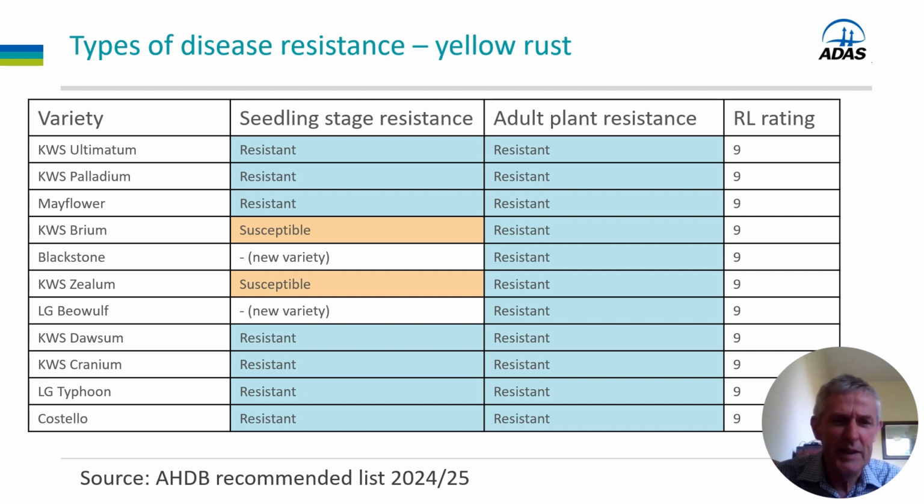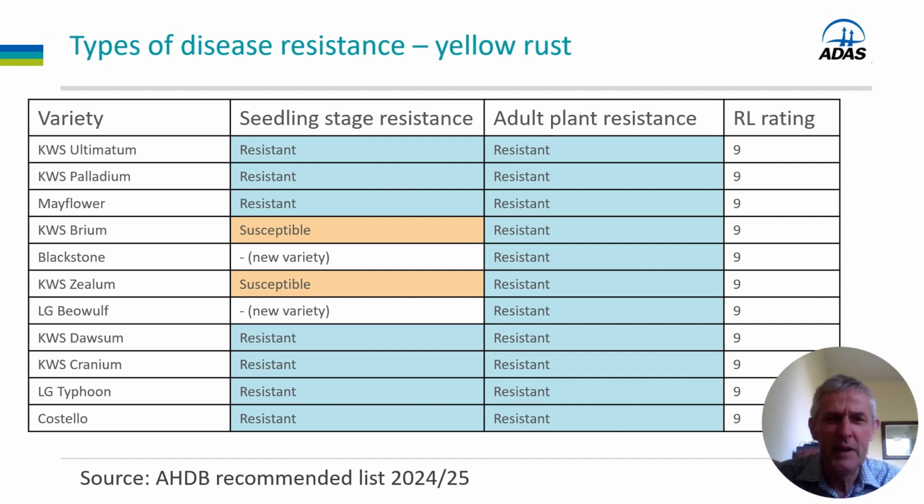So this is data taken from the 2024-25 recommended list for resistance against yellow rust. I've pulled out here the varieties which have a resistance rating of 9, so close to immunity against yellow rust.